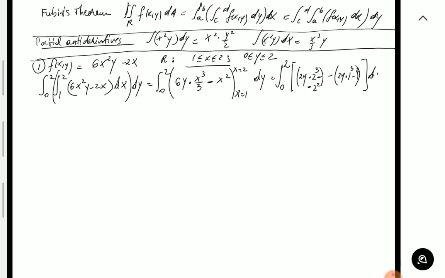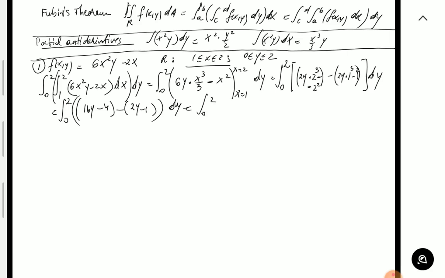And then whatever I'm going to get here is dy. Let's clean up that inside one more time. So I have in the end 2 times 8, that's 16y, minus 4, minus the quantity 2y minus 1, dy.